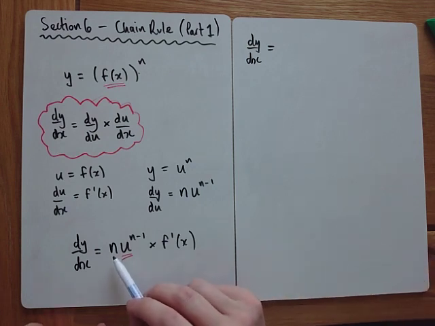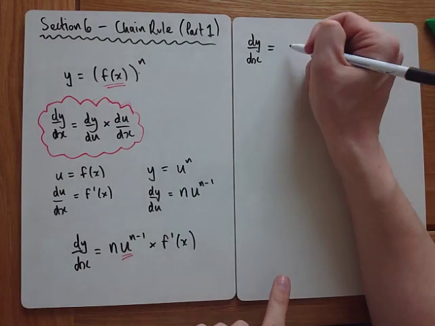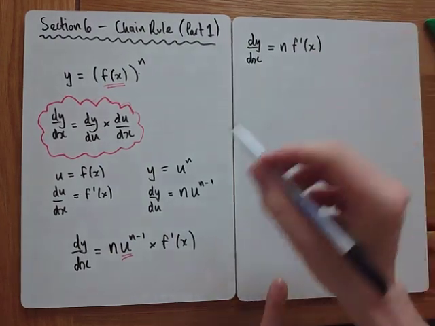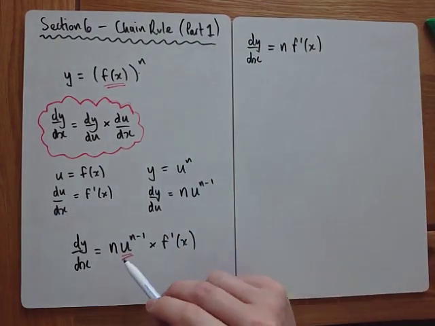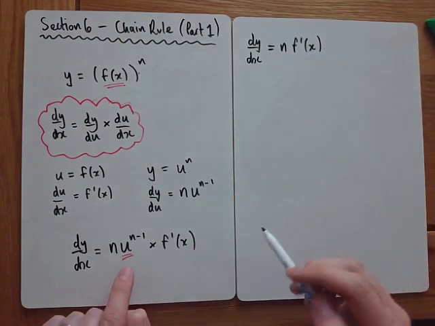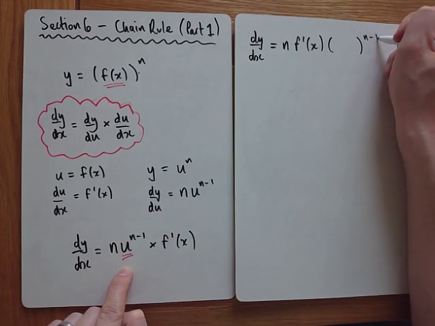So I'm going to rearrange this so I've got n times by f dash of x, because when we multiply things we can multiply them in any order, like 2 times by 3 is the same as 3 times by 2. And then I've got u to the power of n minus 1.